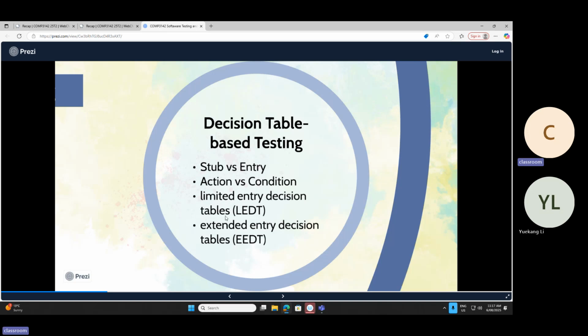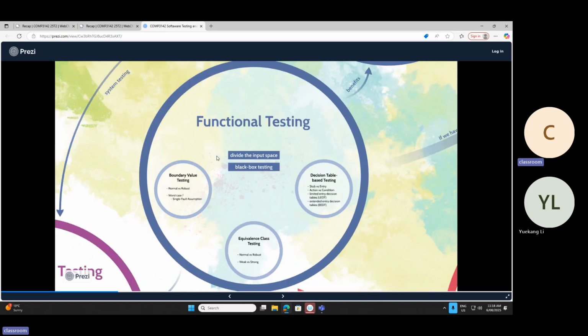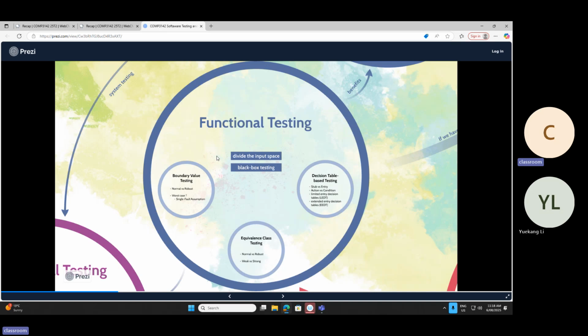But extended entry decision tables allow us to have entries which don't just take Boolean values, but can take numeric values or other types of values. So these are all the techniques we have learned for functional testing.